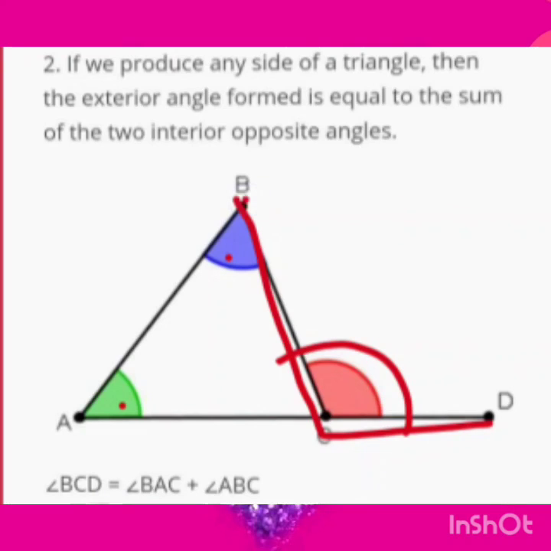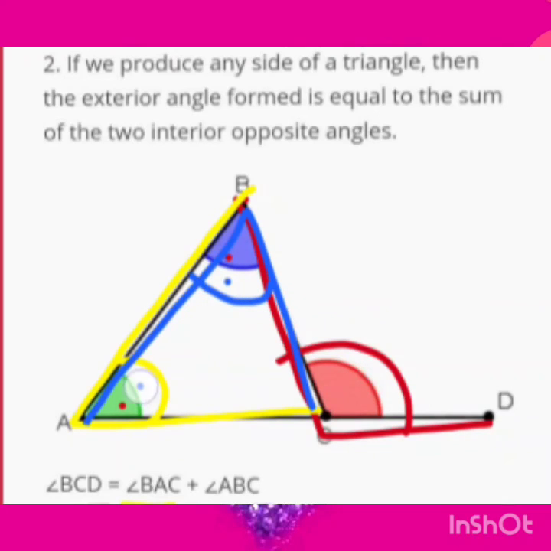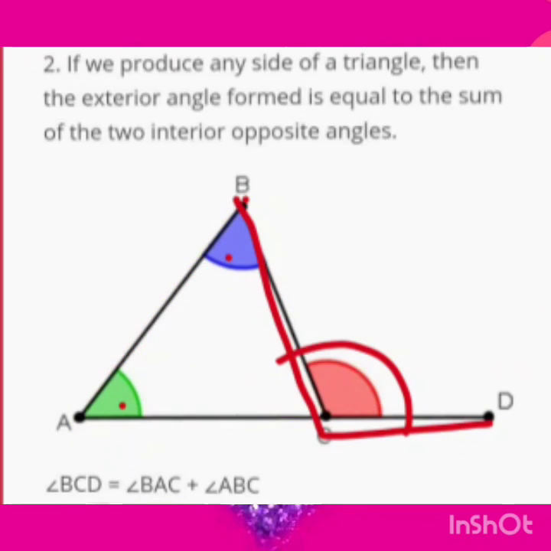You can see here angle BAC is one of the interior angles. Agree? Now one more is there, plus angle ABC. I am talking about this angle. These two angles are interior angles and their sum must be equal to the exterior angle.